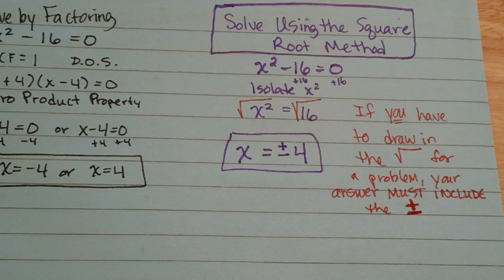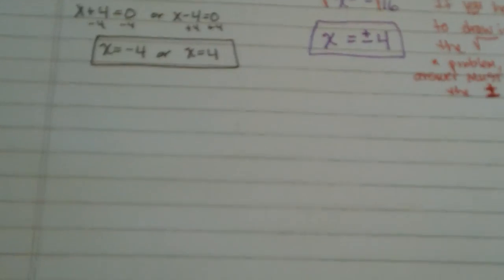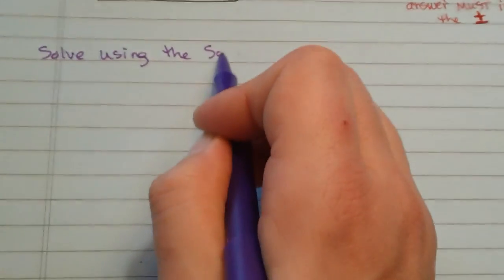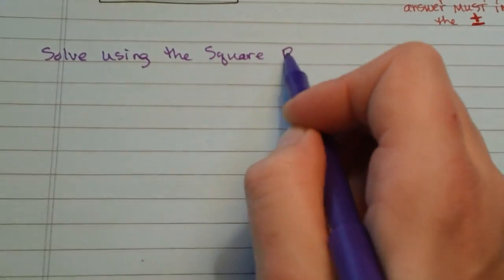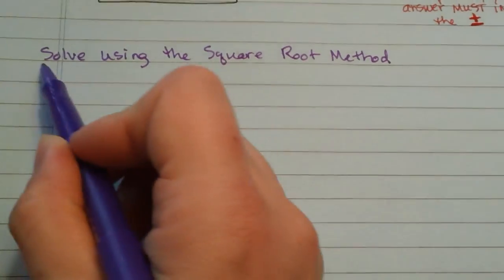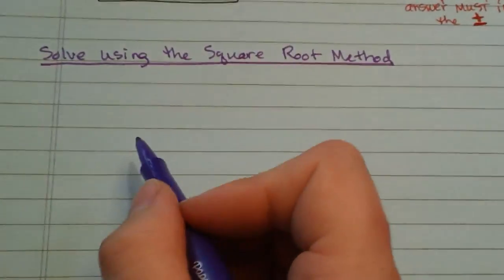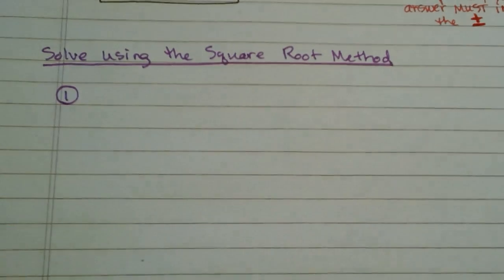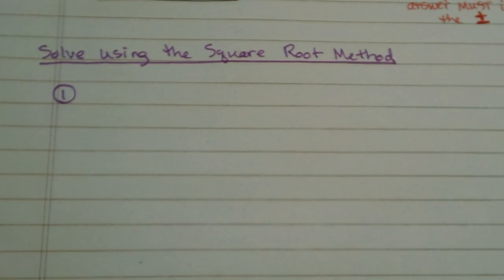Okay, let's look at those steps, and then we'll work some examples also. So steps to solve using the square root method. The first step we said was to isolate the squared thing.